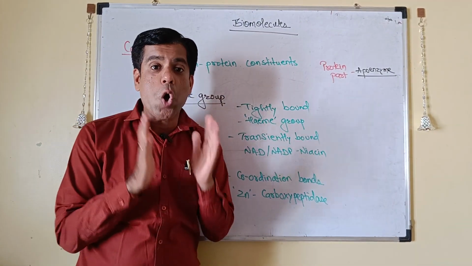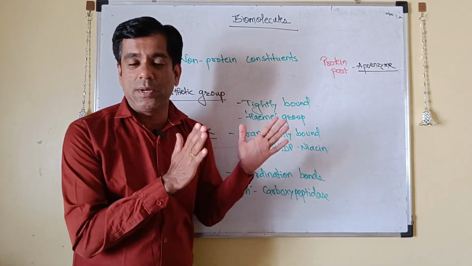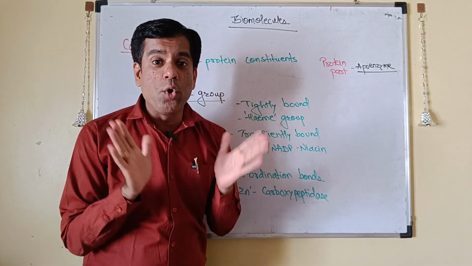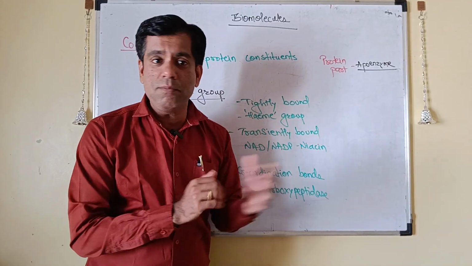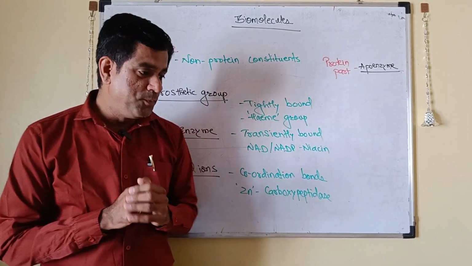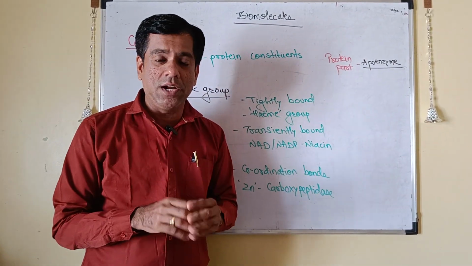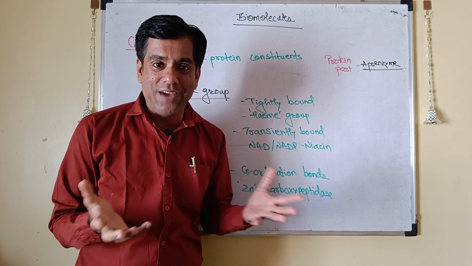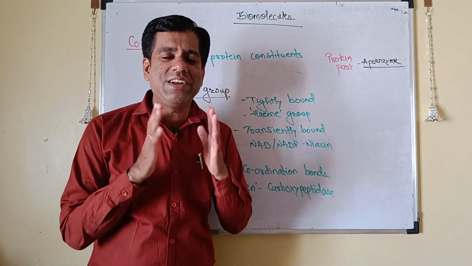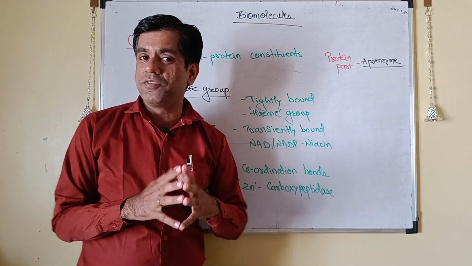So remember, the non-protein component of the enzyme is a cofactor. The protein component is the apoenzyme. So the apoenzyme is the protein part, the cofactor is a non-protein part, but essential for its activity. If you remove a cofactor from the enzyme, it is of no use. That testifies that these cofactors are really important for the functioning of these enzymes.